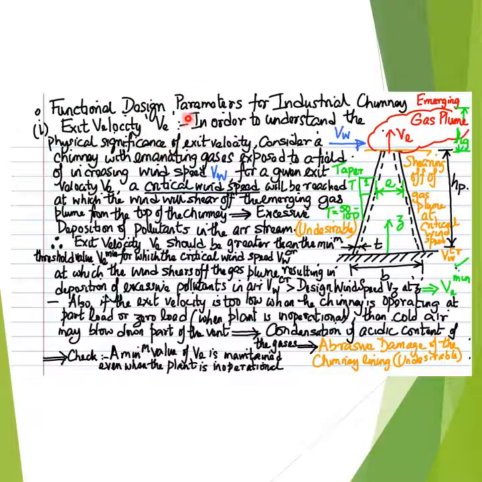That is the velocity at which the gaseous waste products or the exhaust gases are discharged from the top of the chimney, as depicted in this figure on the present slide.